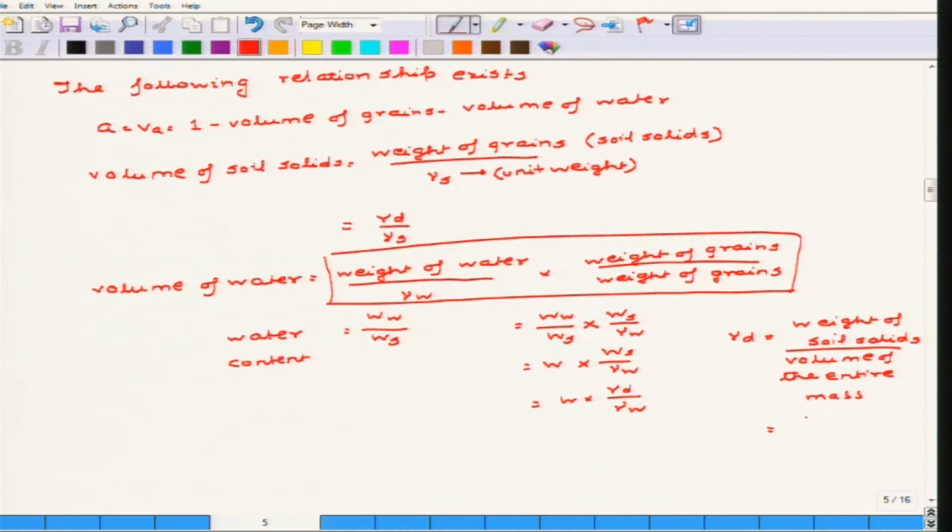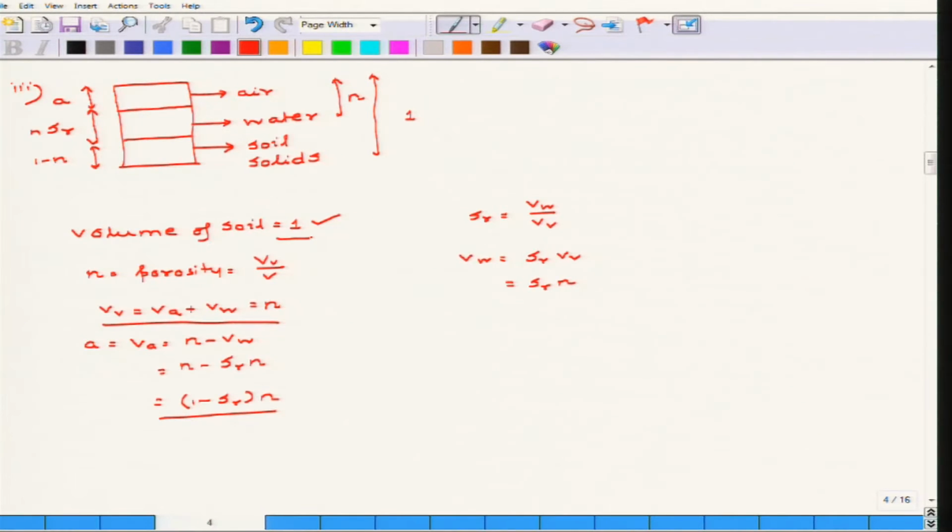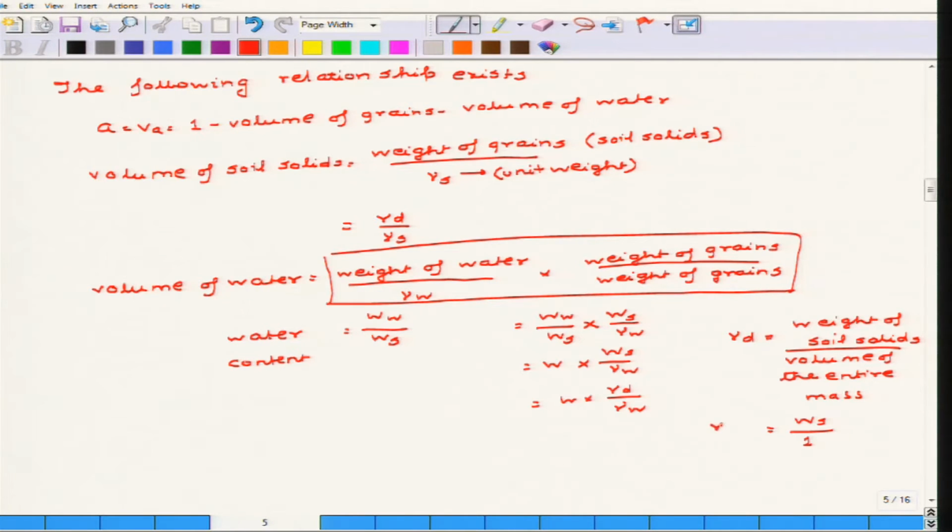So the weight of soil solids, if you consider it to be Ws, and the volume of the entire mass we have considered to be 1, so Ws by 1 is equal to gamma d. So Ws is equal to gamma d. That is why we have everywhere replaced the weight of the soil grains by gamma d. So the volume of water we found to be equivalent to w into gamma d by gamma w.